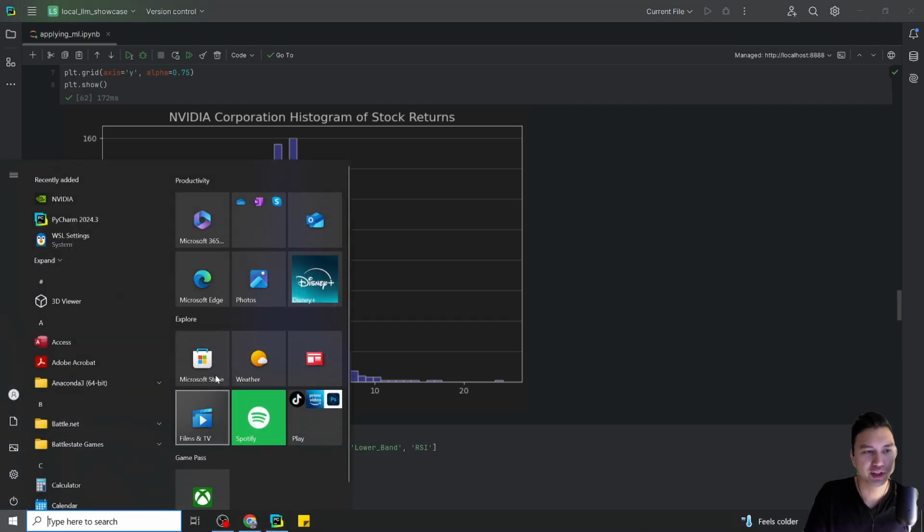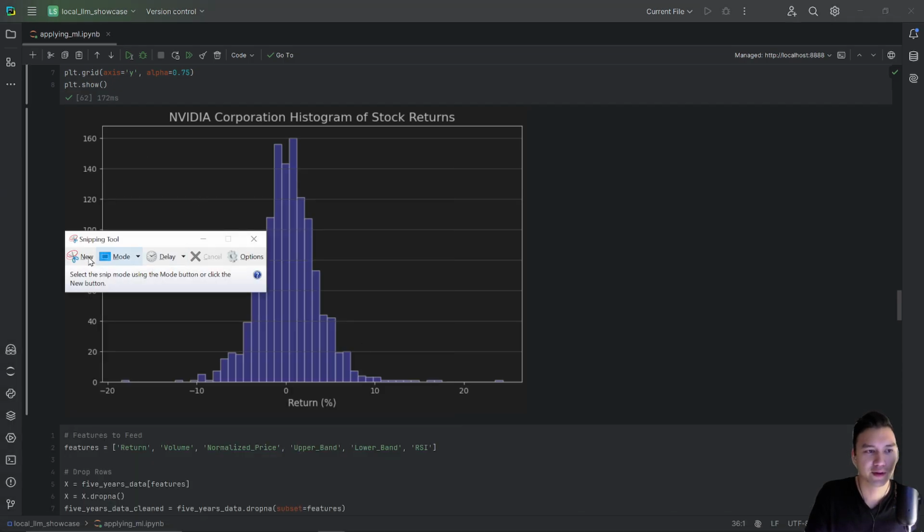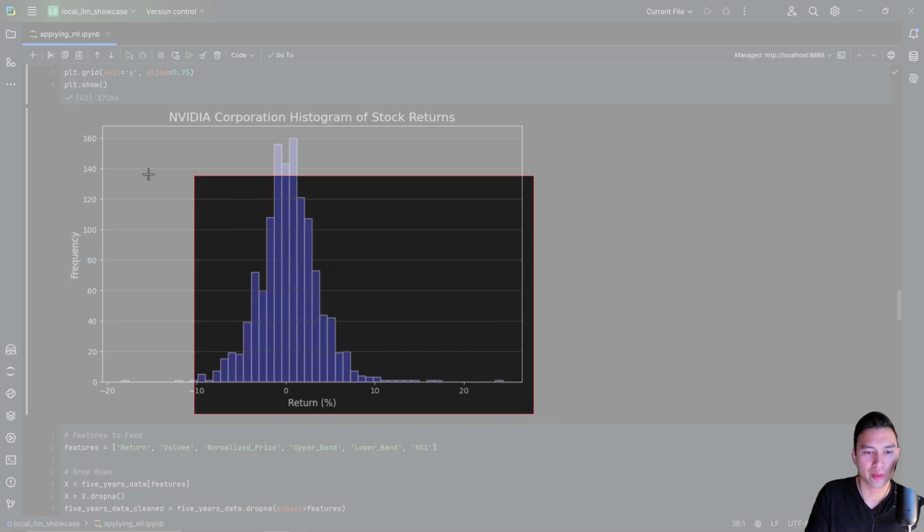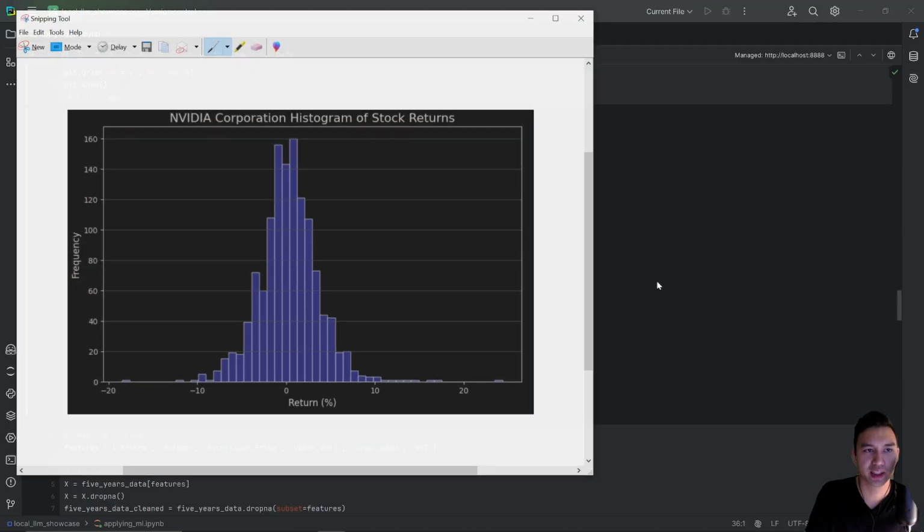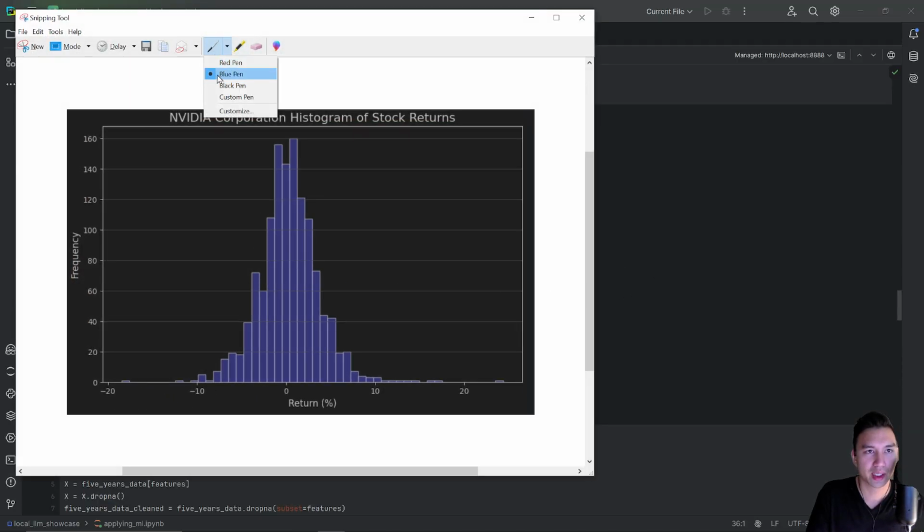But what my vision really is, is trying to identify situations or technical indicators where, let's say that's a normal distribution.